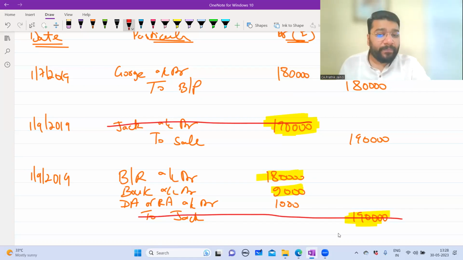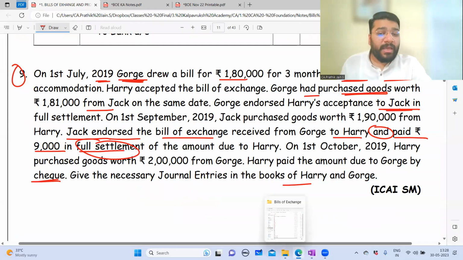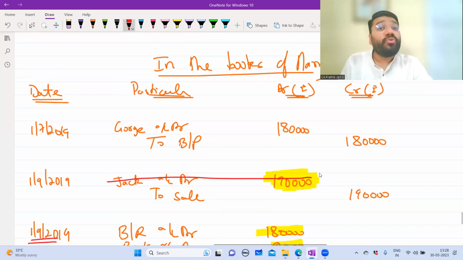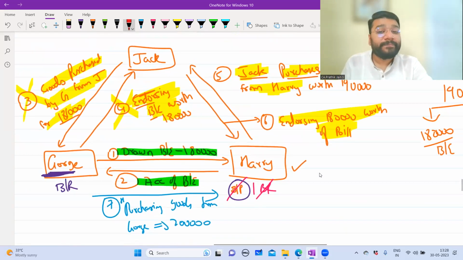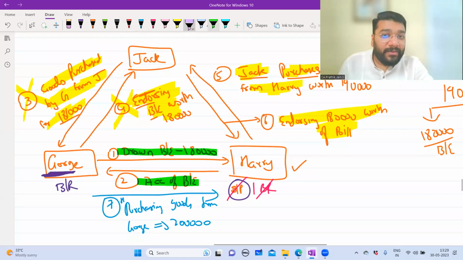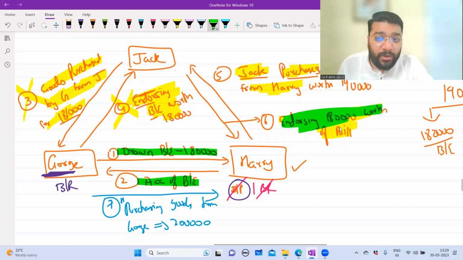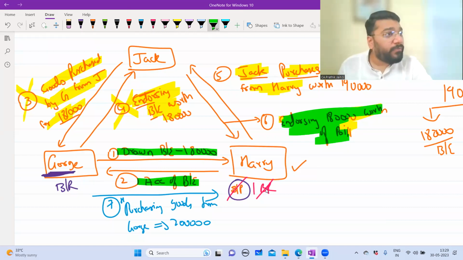Now tell me, as on 1st September 2019, who is the holder of the bill? Who is finally having the bill? Jack has endorsed the bill to Harry. So Harry is the holder of the bill. He is having the bills receivable in his hand.